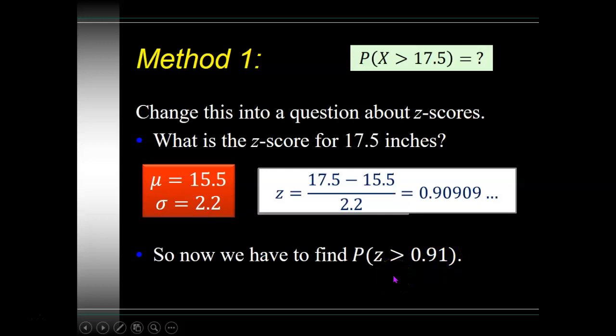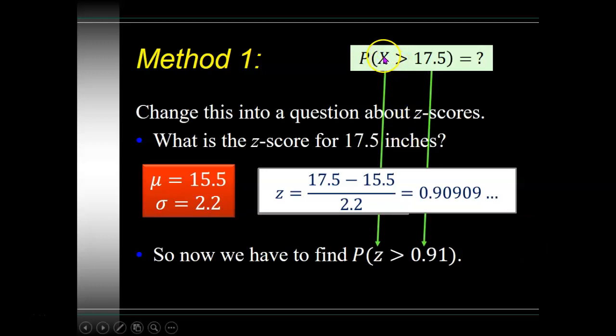So now we have to find the probability of z being greater than 0.91. We've transformed a question about flowers and their heights into a question about z-scores and the standard normal distribution.